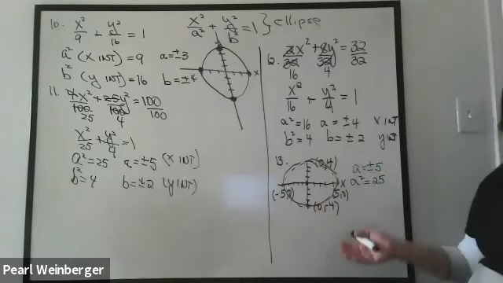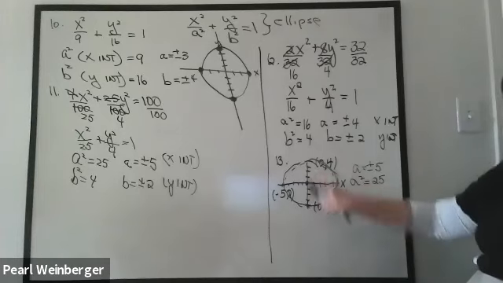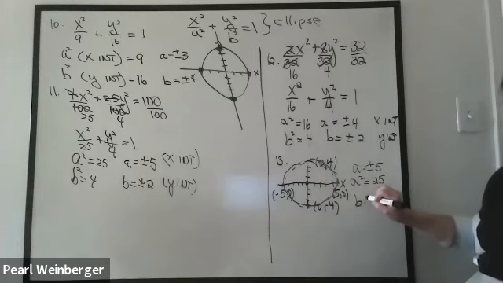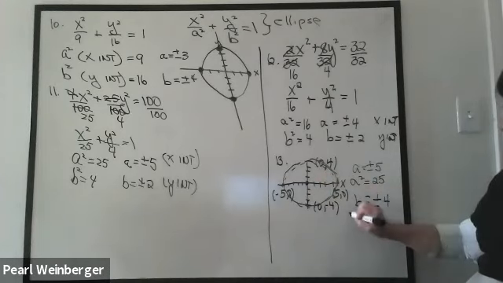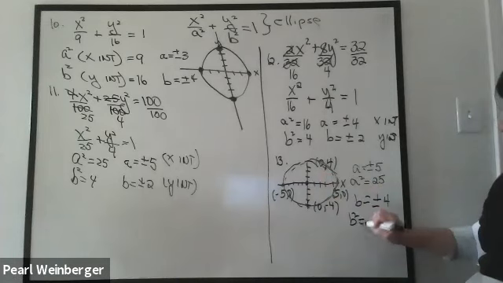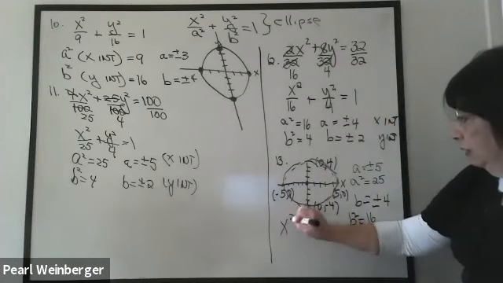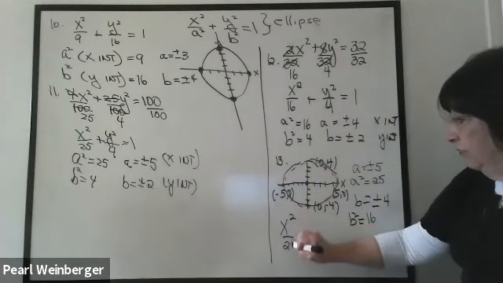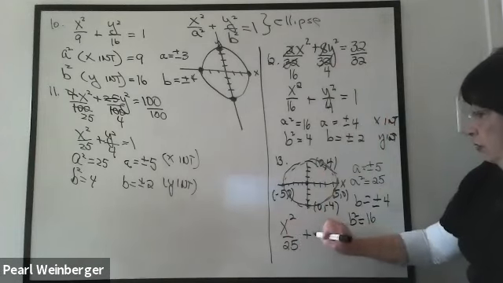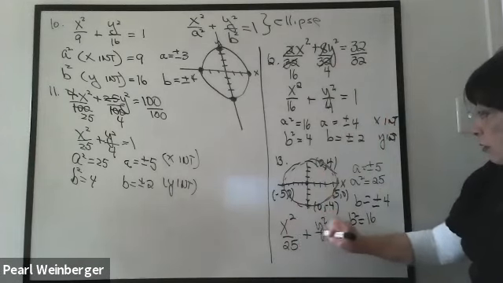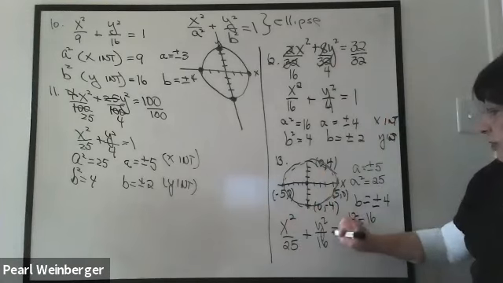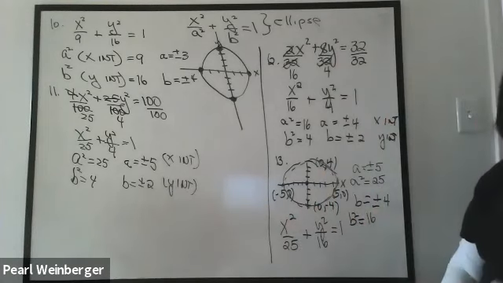The b is the y-intercepts. So my b is either plus or -4, which means that b squared has to be 16. And then I can just write my equation. X squared over 25 plus y squared over 16 equals 1. And that would be your answer in standard format.